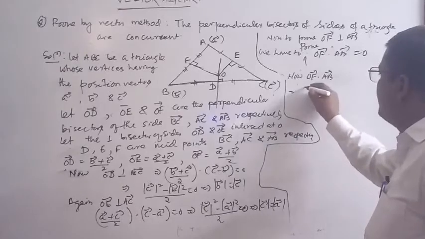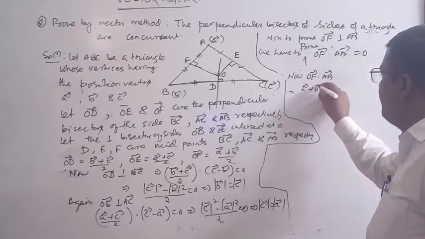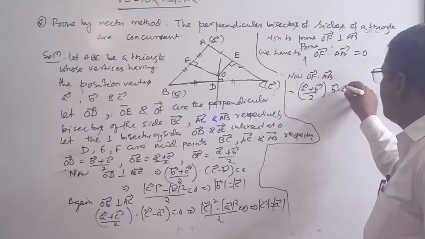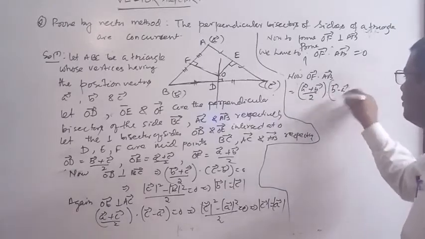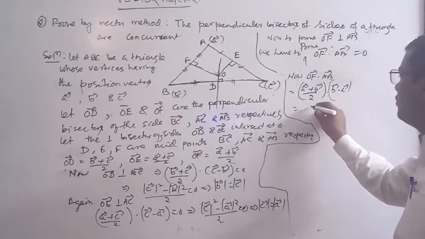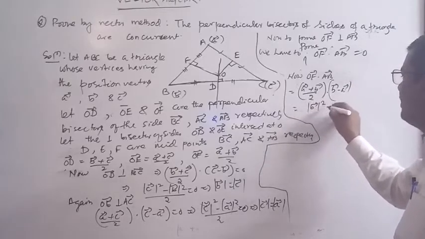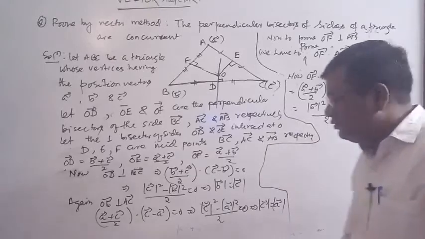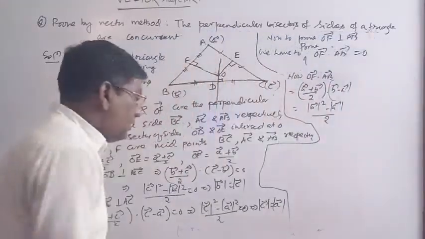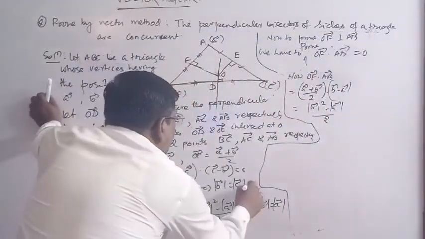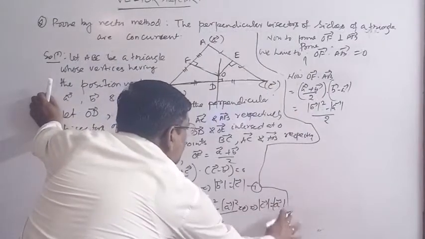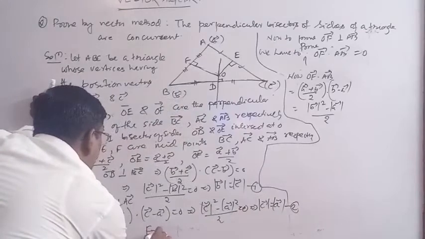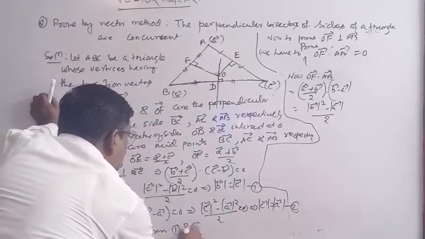OF means A plus B by 2 dot B minus A. That is equal to magnitude of B square minus magnitude of A square by 2. This is from equation 1 and this is equation 2.